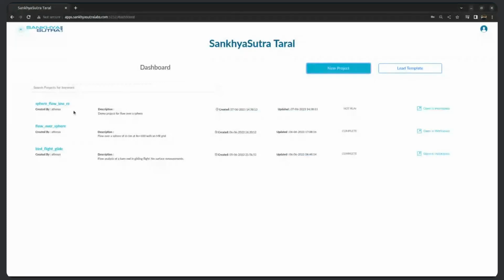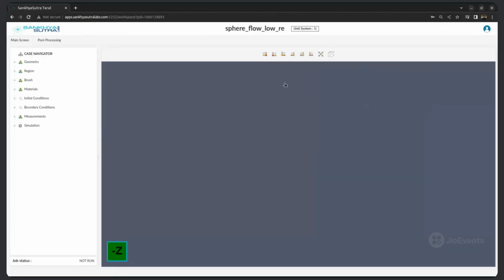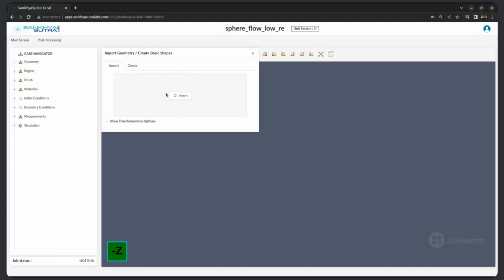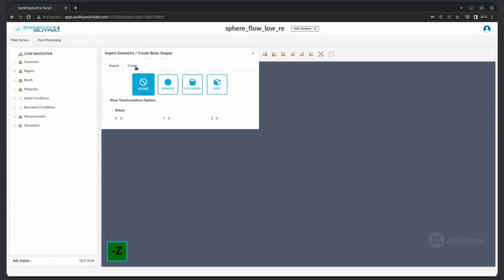Now to actually start the simulation work, what you can do is click on this open workspace, and it will take you to the workspace of your specific project. So each workspace is unique to that project. And what you do first is get the geometry that you want to simulate. So there are two options. I can either import the geometry that I want to simulate, or I can create some basic shapes like sphere, cylinder, and box.